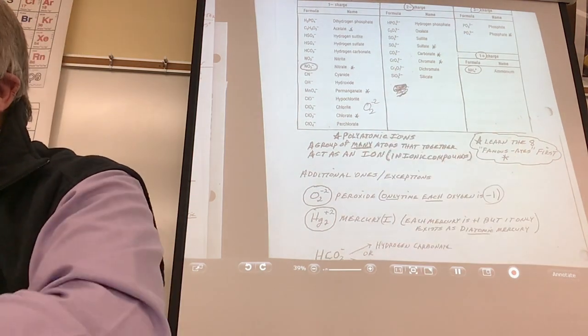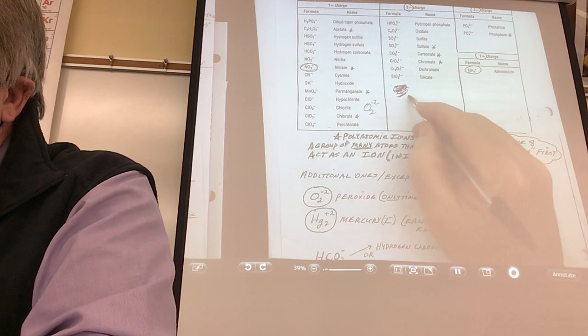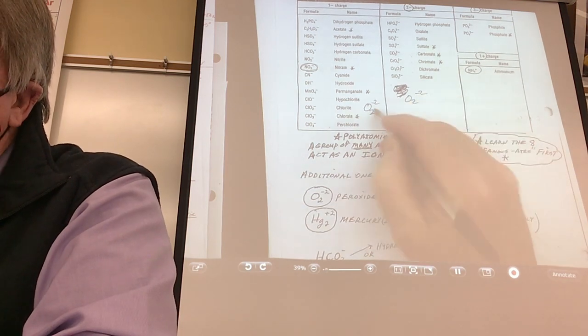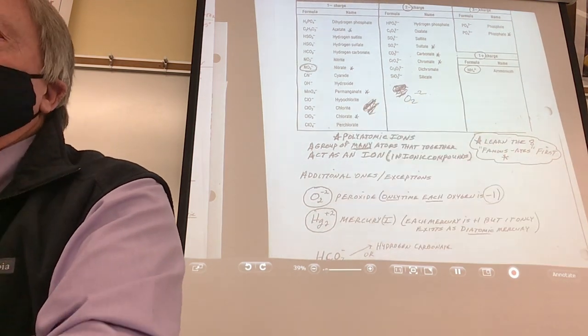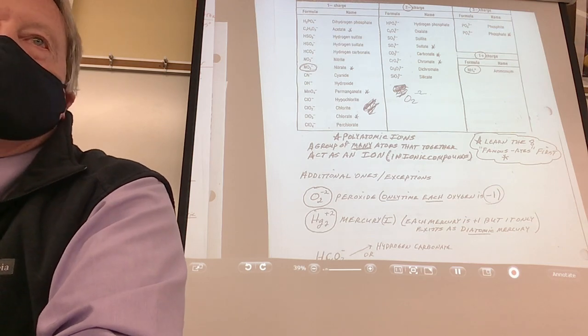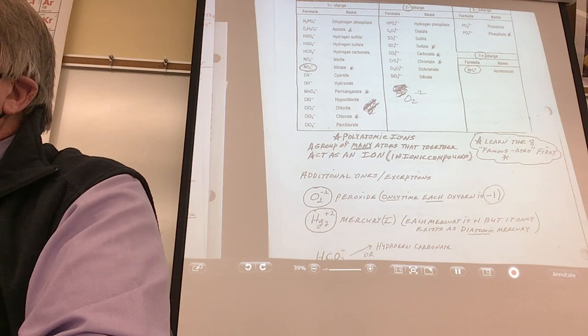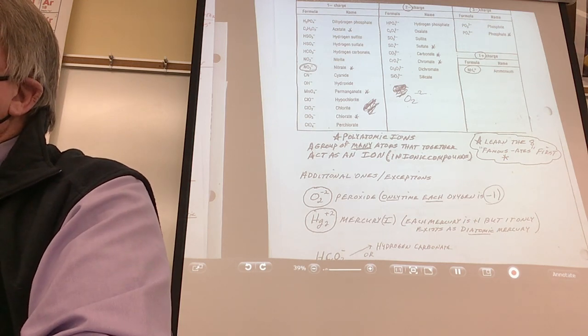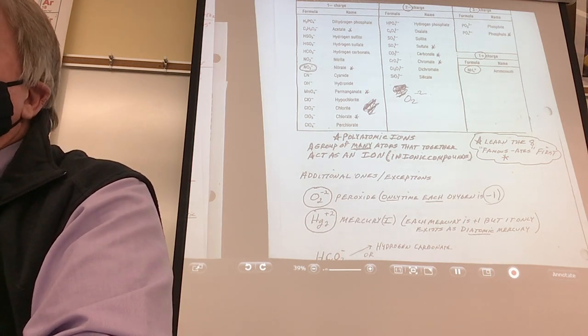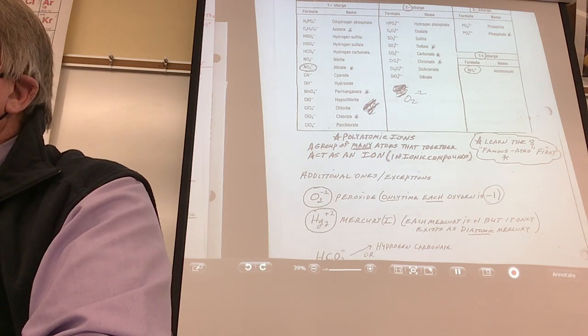I could put it here, I guess. Let's do that. So what is the name of this? What is the O2 minus 2 polyatomic ion? Have you ever heard of this? Anybody know what this is called?